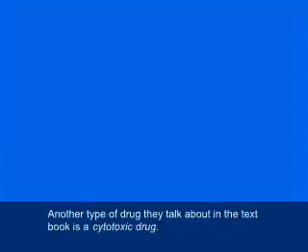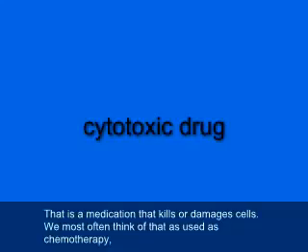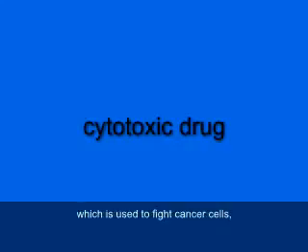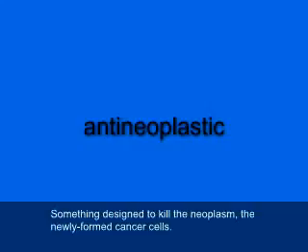Another type of drug they talk about in the textbook is a cytotoxic drug, cytotoxic. That is a medication that kills or damages cells. And we most often think of that as used as chemotherapy, which is used to fight cancer cells, otherwise known as an anti-neoplastic, something designed to kill the neoplasms or the newly formed cancer cells.